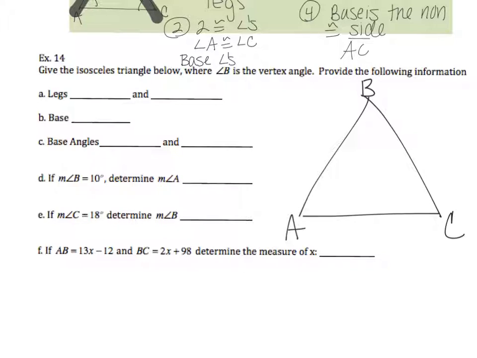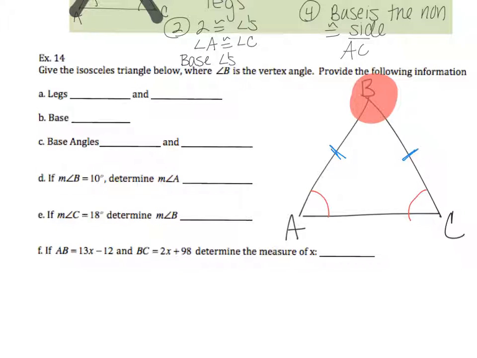If B is the vertex angle, that means B is the one that is not congruent to anything else. So that means angle A and angle C are the ones that are congruent. If those are the ones that are congruent, the opposite sides to those are the ones that are congruent. Those are the legs. Okay, so I haven't even looked at the problem, but I've got my picture marked, and I'm good to go to answer these questions.